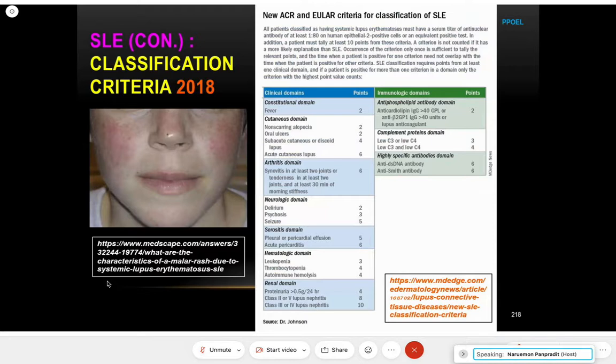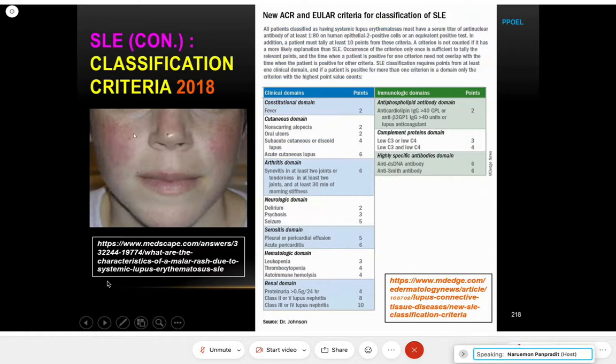When a patient is to be diagnosed as SLE, the patient needs to meet the criteria on the left side and the right side, and they score the severity of each character. The patient needs at least 10 points from the criteria to be diagnosed as SLE.